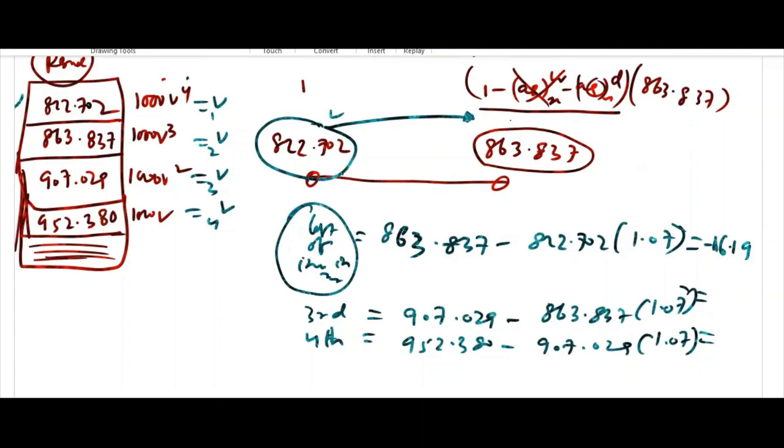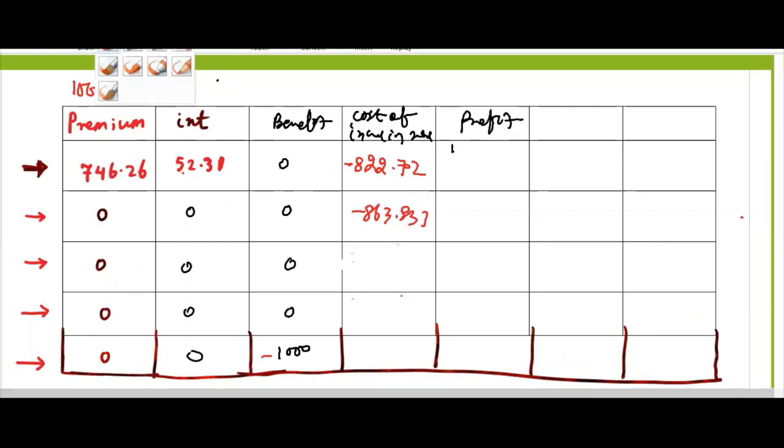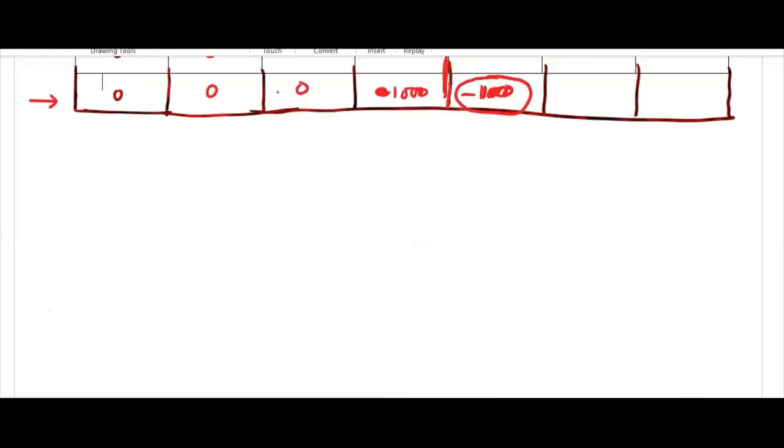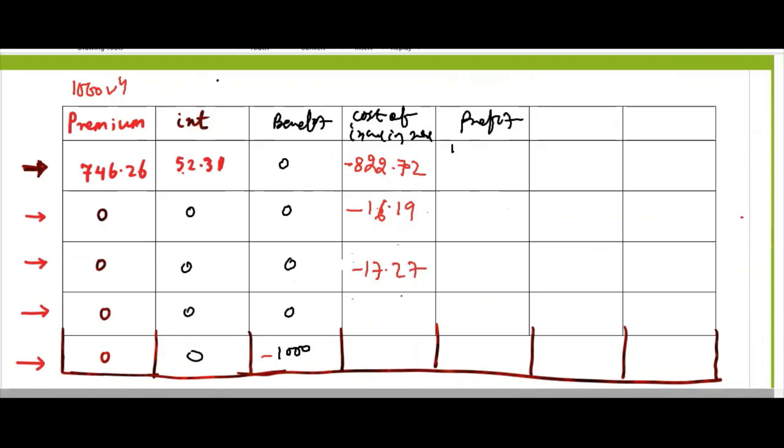Yeah, minus 17.27 and minus 18.14. Yeah, tell me the balancing item.